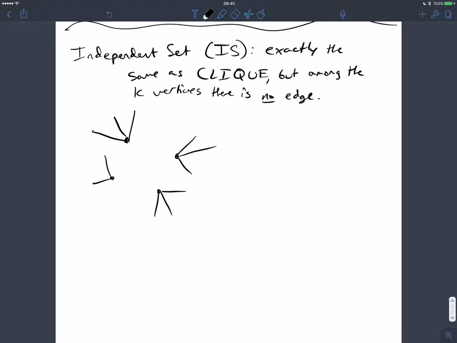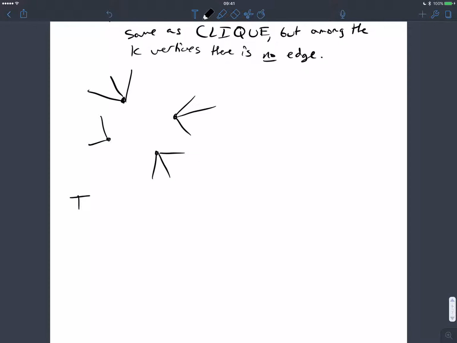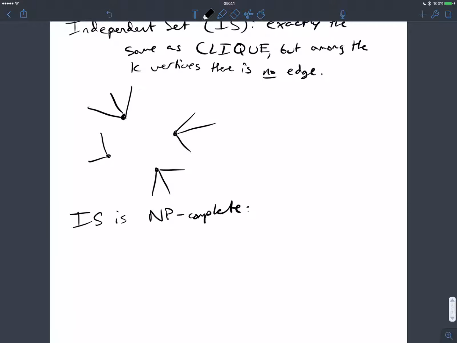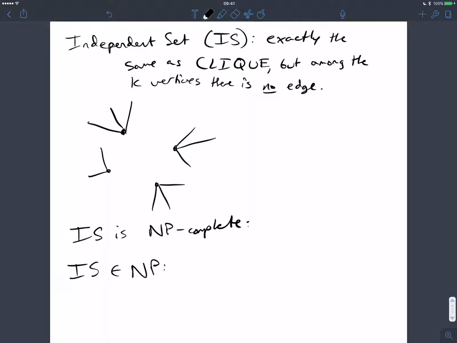Okay? So I want to show that IS is NP-complete. We know the drill at this point. To show that IS is a member of NP, how do I show it's in NP? Yeah, a certificate. And what would the certificate be in this case? Exactly.